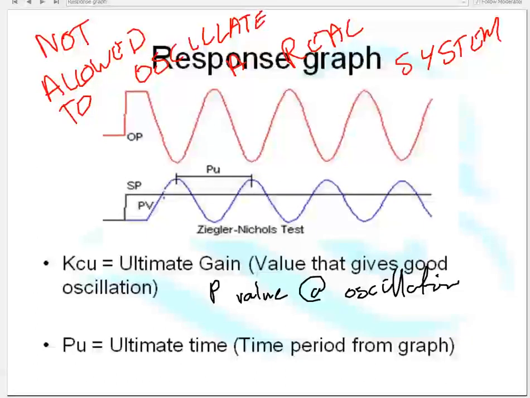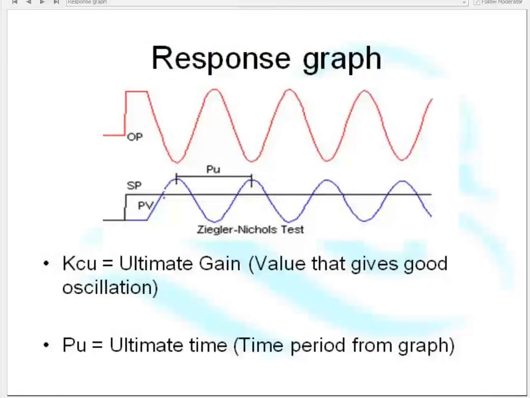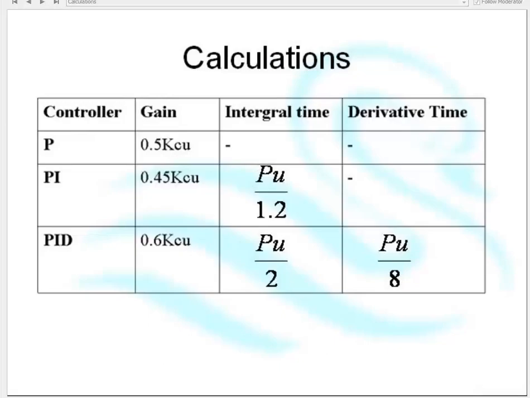So, you have these 2 things, the P value when it was oscillating, and the gain of the oscillation. Now, we go to a table. It's a different table from last time. What should we use? Should we use pure proportional control? Should we use P and I control? Or should we use P and I and D control?